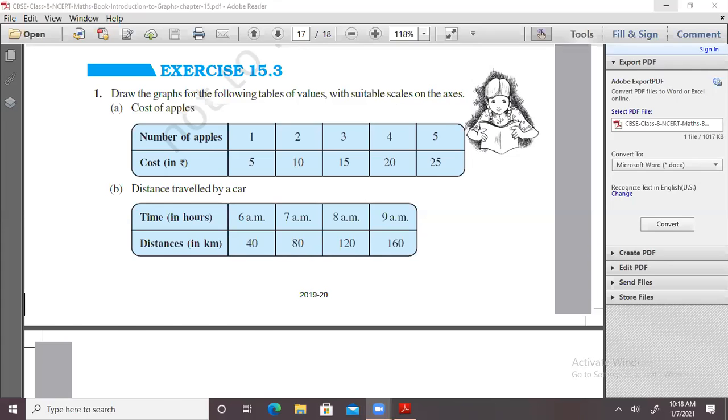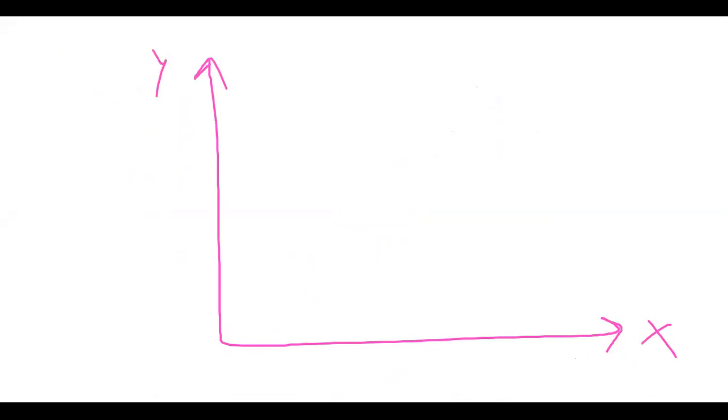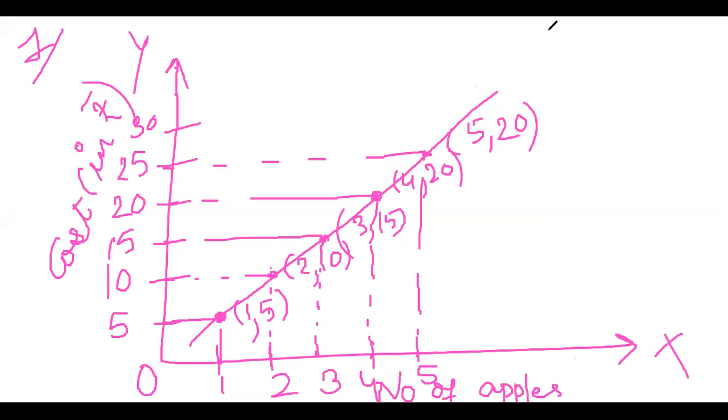Again first of all we'll take the x-axis and y-axis. On x-axis we'll take time, we'll mention properly in hours. One thing I forgot to tell you, we didn't mention it in the previous question also. We forgot to mention the scale, 1 unit length.